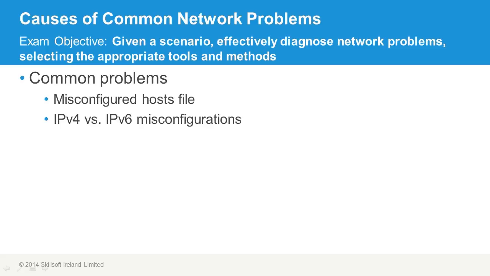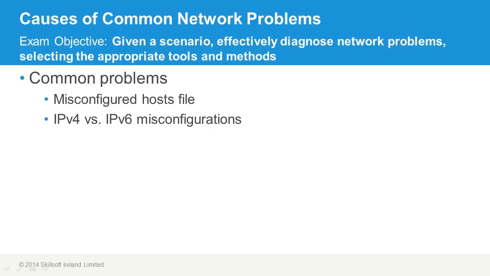If for any reason your DNS server goes down, the host file can still resolve those names. But changes will probably still occur, and as they do, you need to manually update the host file on any system that's using it. So any kind of misconfiguration there will obviously cause problems.